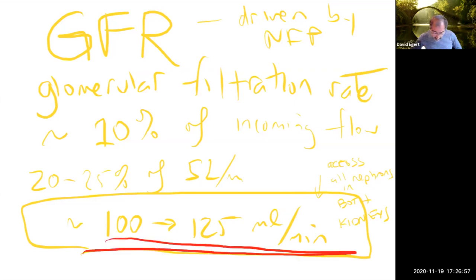This is something that clinically people check to make sure your kidneys are functioning properly. There's a few different ways you can try to assess this glomerular filtration rate. You can look at things that are being produced in the body that are being excreted and see how quickly they're showing up in your urine.